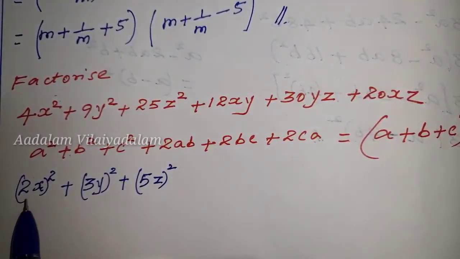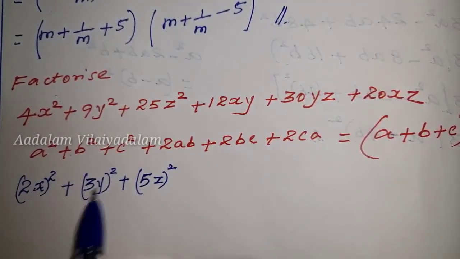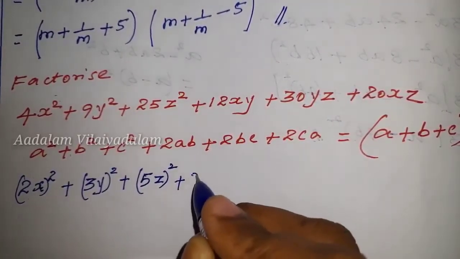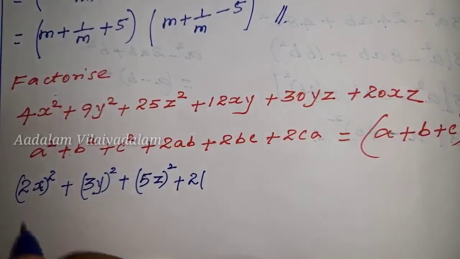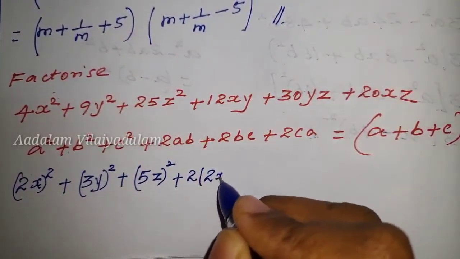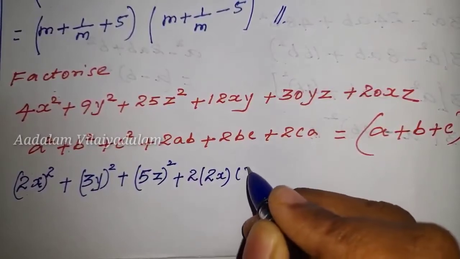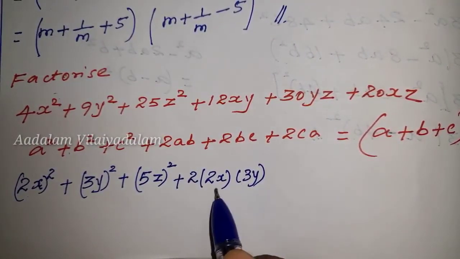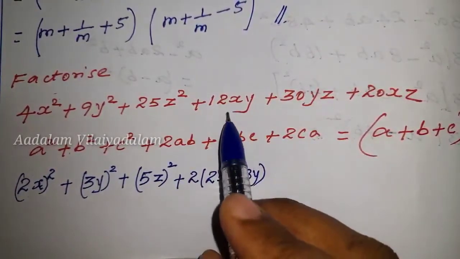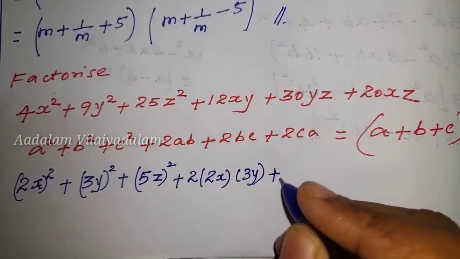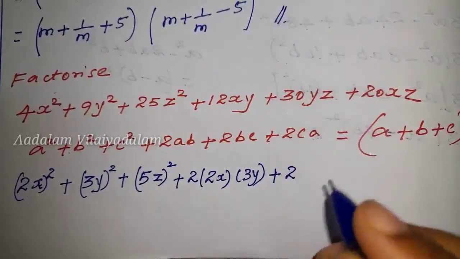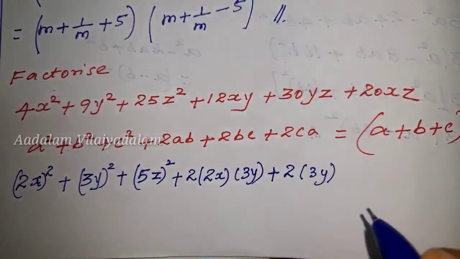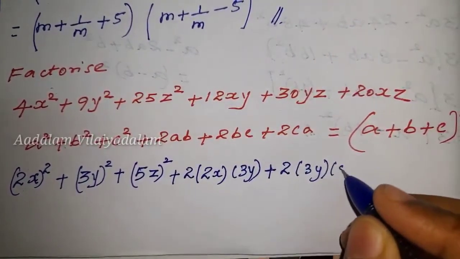So a equal to 2x, b value is 3y, c equal to 5z. Plus 2 into a value, 2x, the b value 3y: 2 2s are 4, 4 3s are 12, so 12xy. The next term plus 2bc, that is 2 into b value 3y, c value 5z.